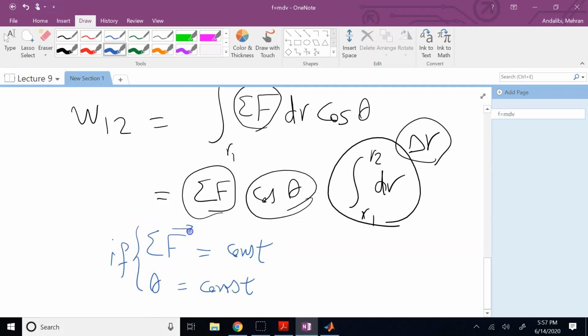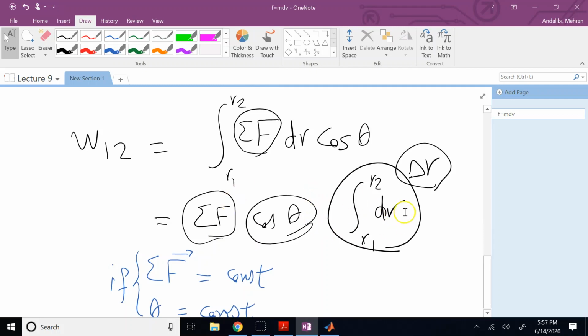If, once you move along the path, the magnitude of the force or the direction of the force changes, any of these two, then you cannot use this simple formula.